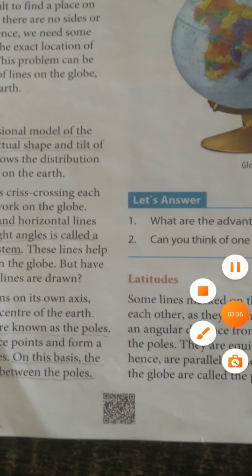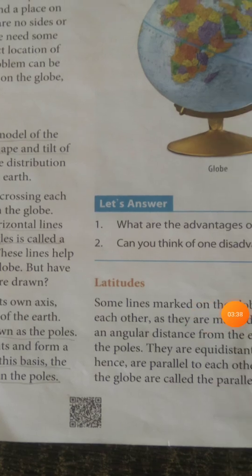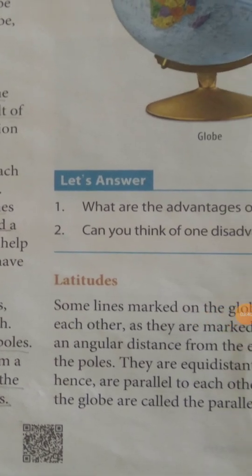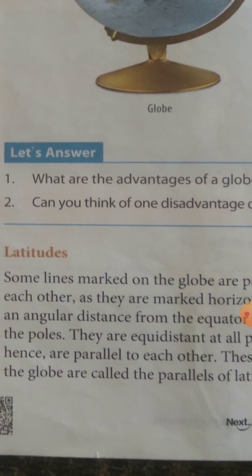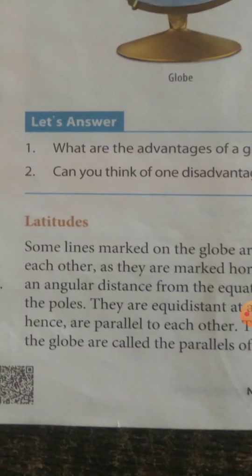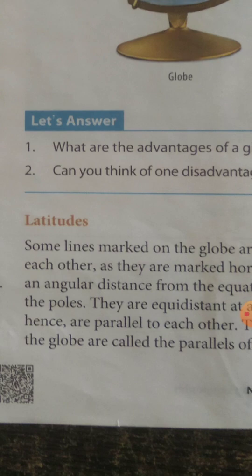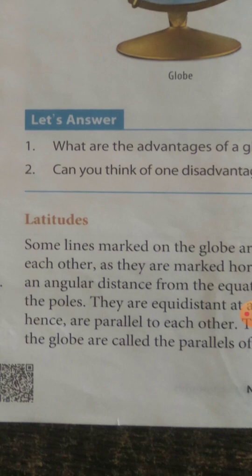Some lines marked on the globe are parallel to each other, as they are marked horizontally at an angular distance from the equator towards the poles.